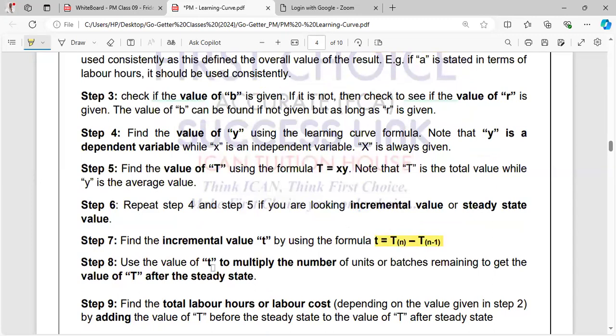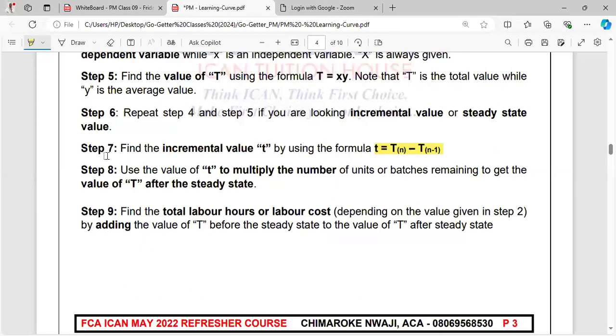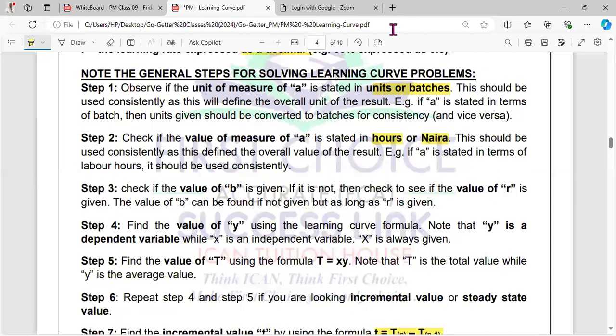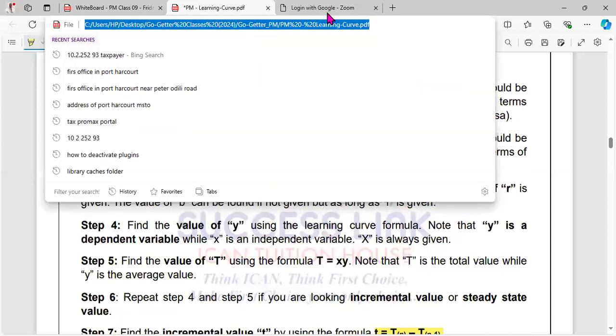Then you need to find the total labor hours or labor costs depending on the value of A given in step 2. So we are going to be looking at these steps as we solve a question. So I'm going to create another instance of this worksheet here so that we can always scroll and come back to it.